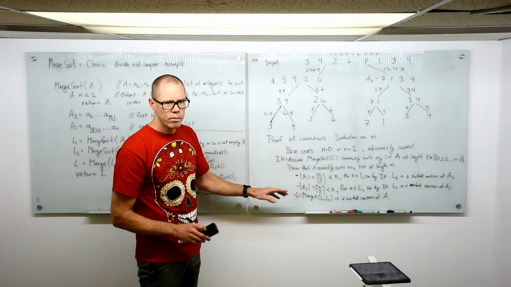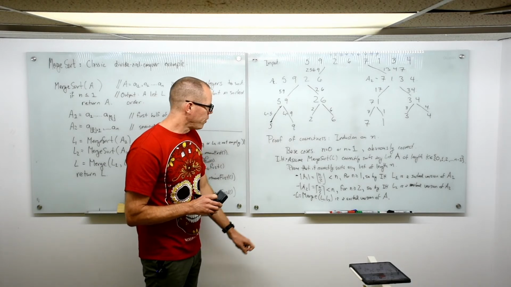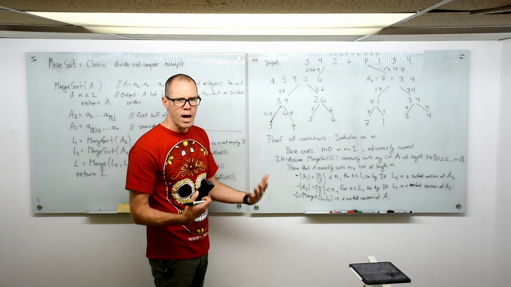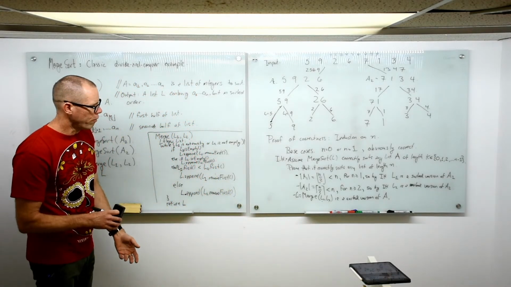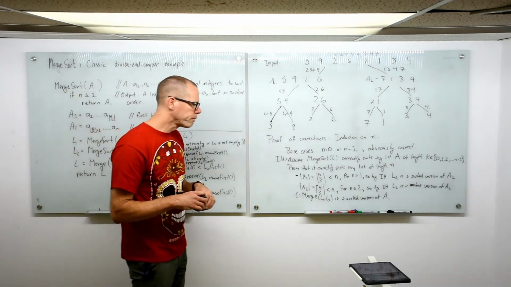So this is, I'll put quotes around it, a proof that this algorithm is correct, because what comes back is a sorted version of the original input array A. Okay.